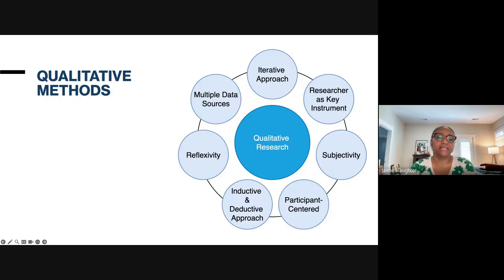So qualitative research involves the application of qualitative techniques with a qualitative paradigm to pursue research goals. We can think about it from this paradigm with these dimensions.